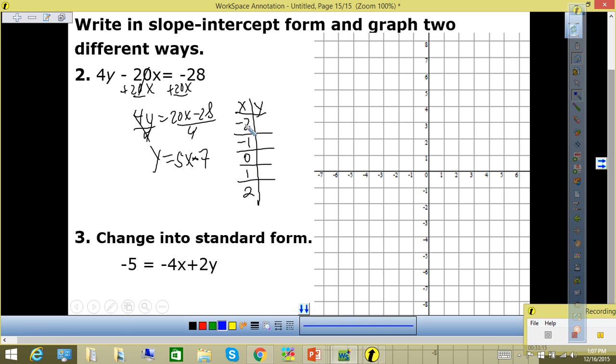So let's see. Negative 2 times 5, that's what? Negative 10, and negative 7, negative 17. Next value. Negative 1 times 5, that's negative 5, and negative 7, negative 12. 0 times 5 is 0, and we're left with negative 7.